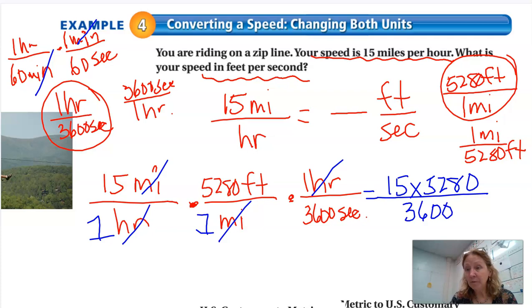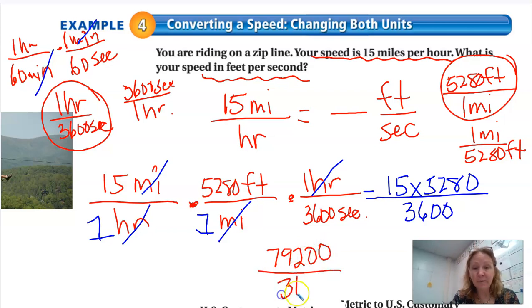When you multiply across and then do the division, you end up with 22 feet per second. The middle step here was 79,200 divided by 3,600, and you end up with 22 feet per second. Pretty fast, right? It's easy to picture going 22 feet per second, or a little bit easier.